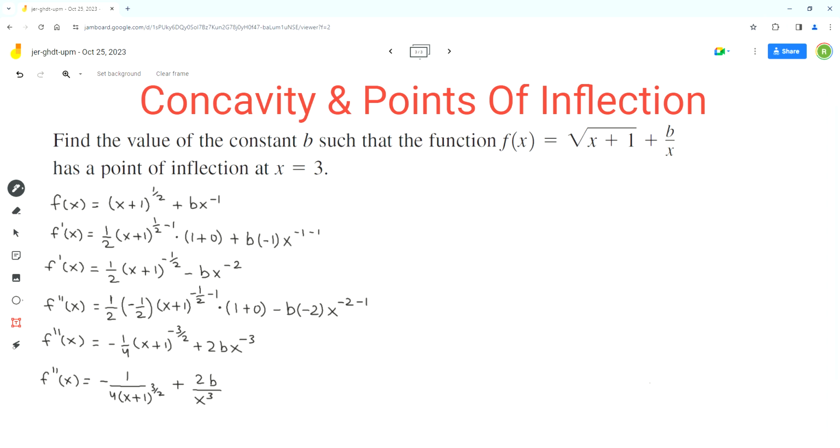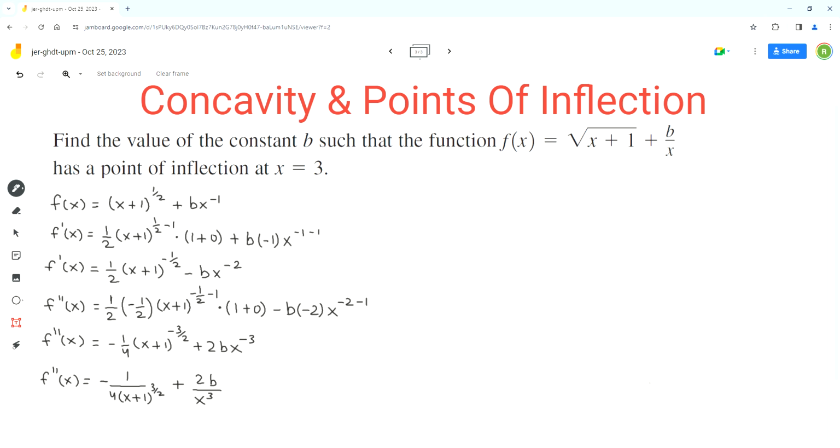Now we are given that the function f of x has an inflection point at x equals 3. That means the second derivative of the function at x equals 3 is equal to 0. So in the next step, we'll sub in the left side as 0 and x as 3.